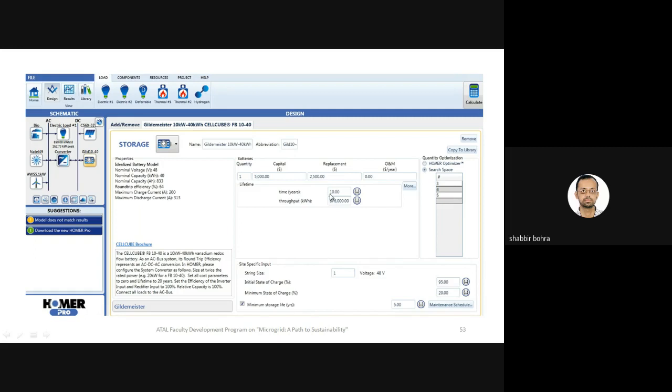Now the batteries are coming which are giving almost 15 to 16 years of warranty. Throughput is this much. The search space considered is 3, 4 and 5. There is one string of 48 volt. Initial state of charge is 90%, and minimum allowable state of charge considered is 20%.